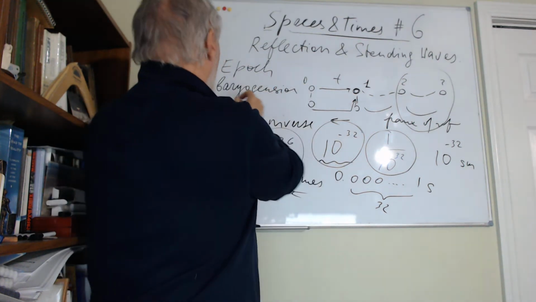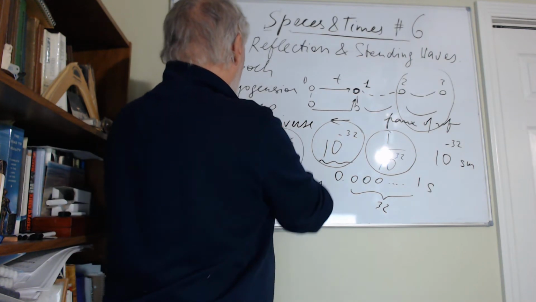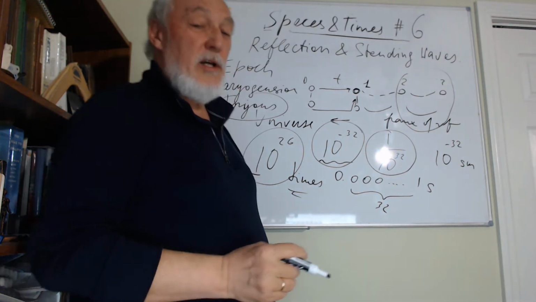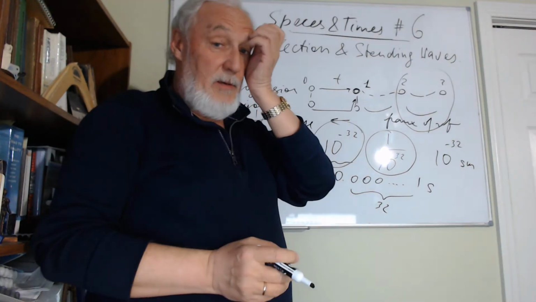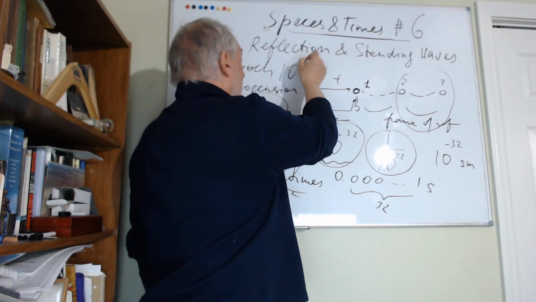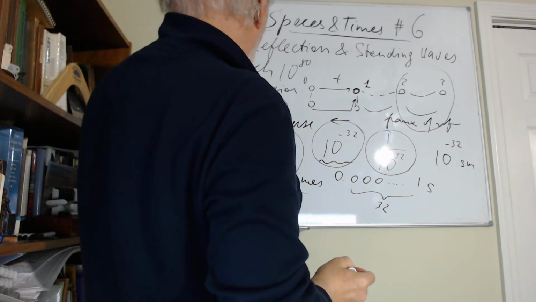Baryo from baryons. Baryons are particles of matter, like neutrons, protons. Actually, together with them, electrons were created. And they were created about 10 to the power of 80 baryons, electrons, whatever.